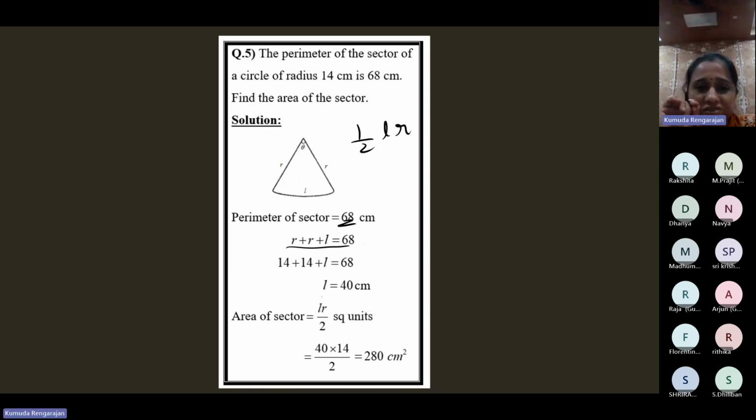The length of that arc into radius divided by 2 will give you the area of the corresponding sector. So LR by 2, L is 40 into R 14 by 2.